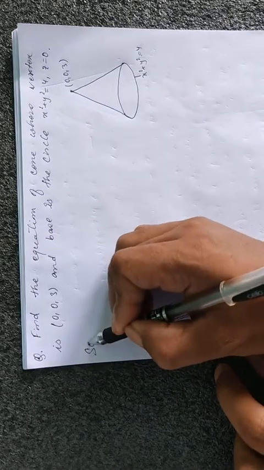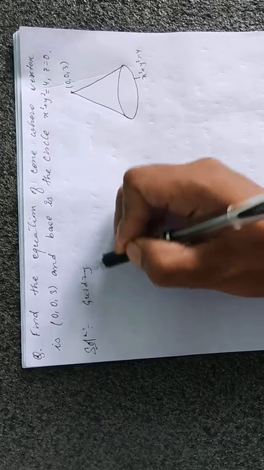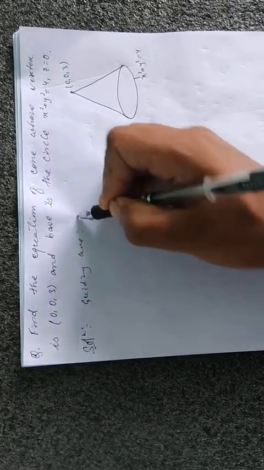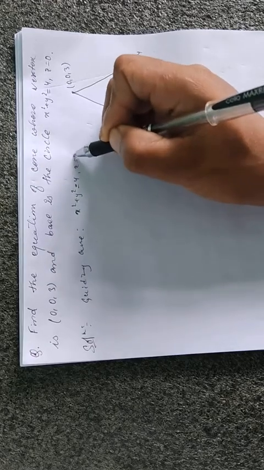Now solution. So we have a guiding curve x square plus y square is equal to 4, z equal to 0.